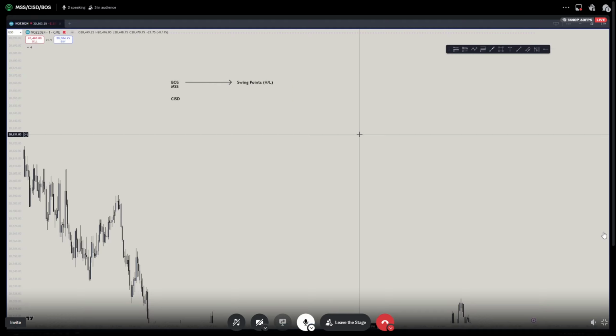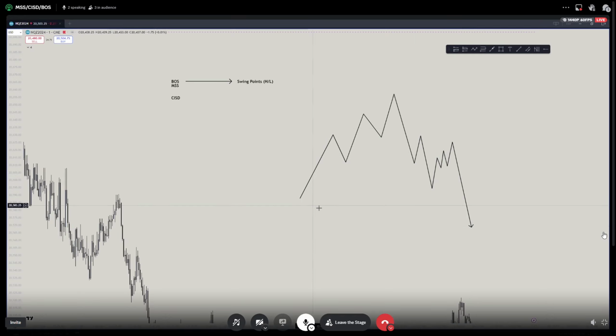So what we're looking for in a break of structure and a market structure shift, and we also need to make sure that it's external to the range. So let's have an example of something like this. We can have a range like this, and this will be kind of similar to what a chart would look like.